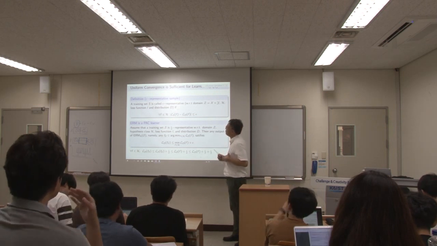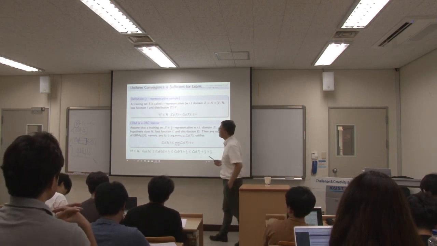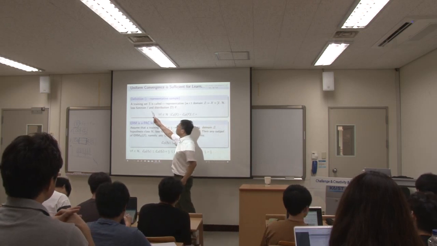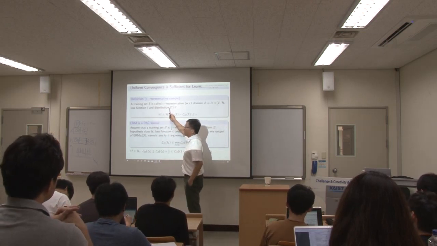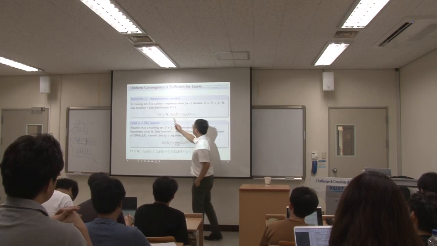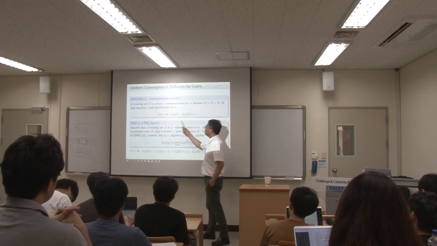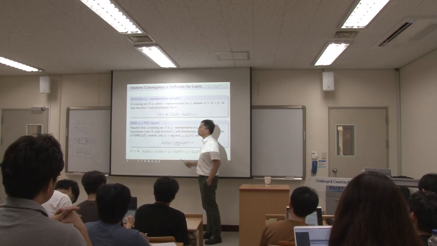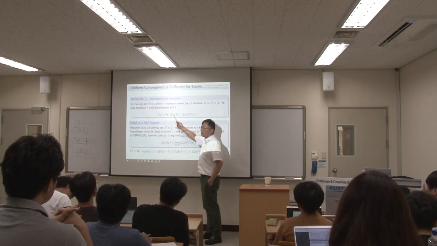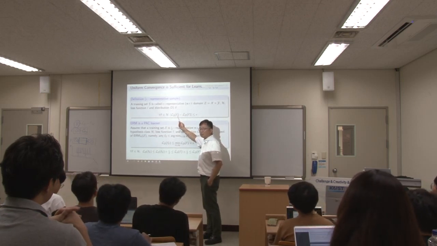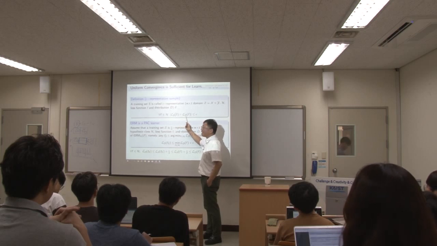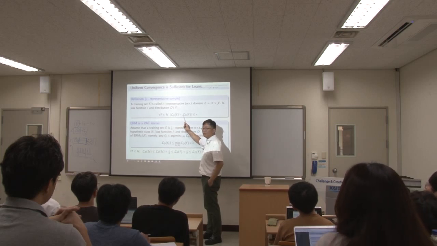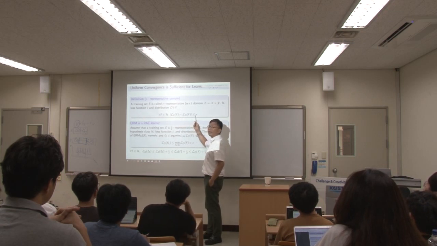Epsilon representative. What does that mean? If a training set is called epsilon representative, then this is true. For any function in the hypothesis space, the difference between the training loss and the test loss is less than epsilon.